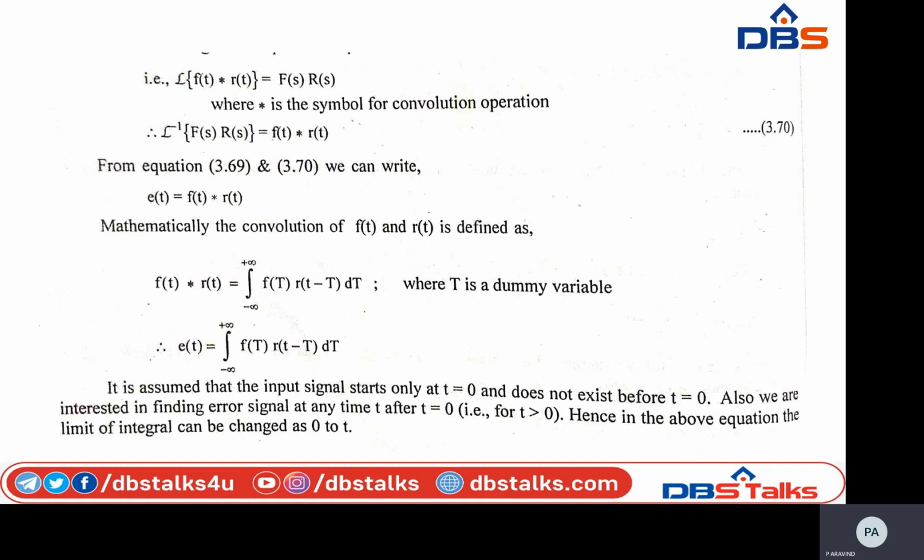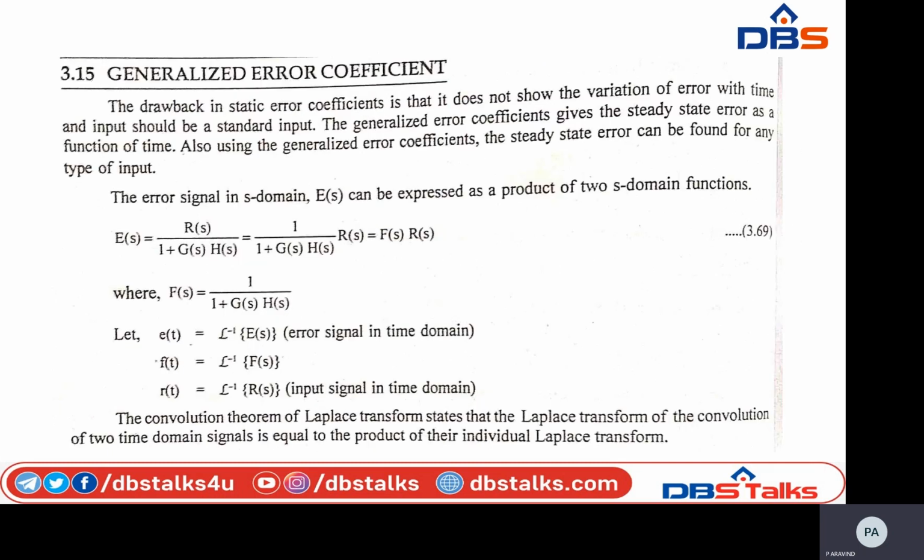So inverse Laplace transformation of two S domain functions, that is F of S and R of S, is equal to F of T convolved with R of T. See, we know that from equation 3.69, E of S equal to the product of F of S and R of S, right?